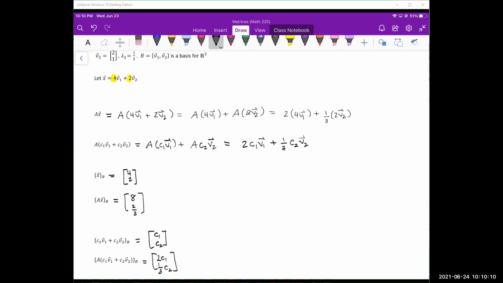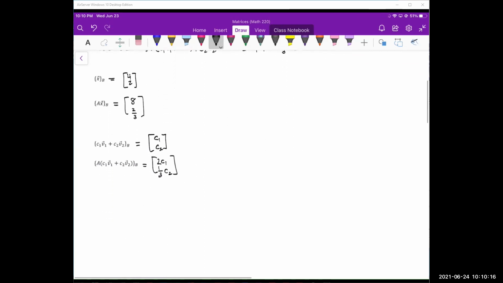Okay. So we can think of this transformation as happening where we take the vector x and we multiply by this matrix A, and that gives us Ax.